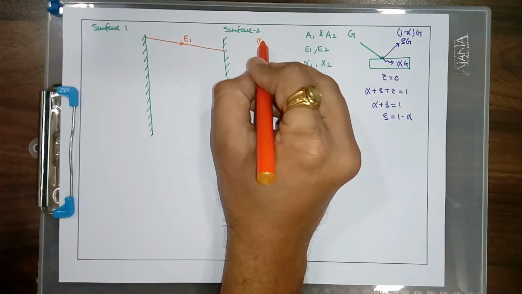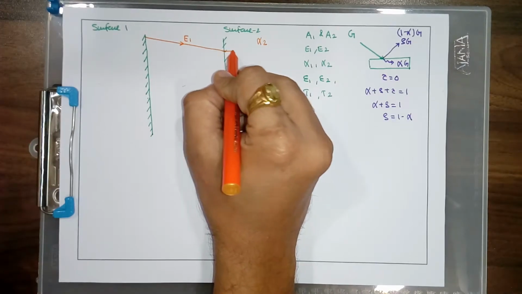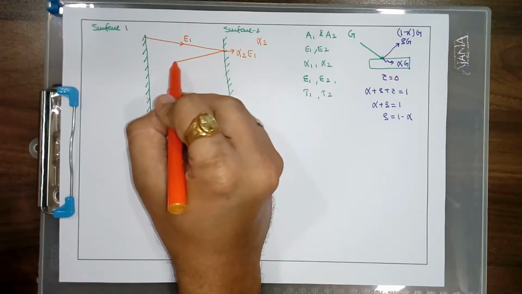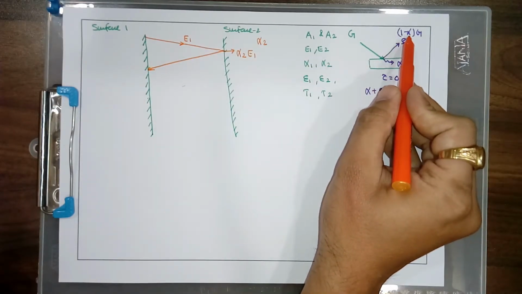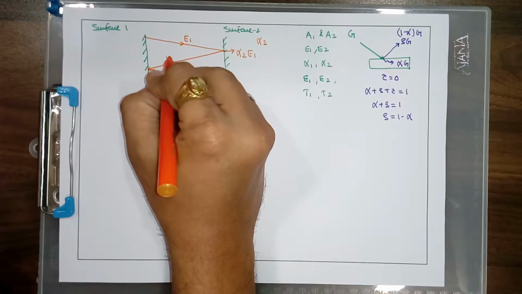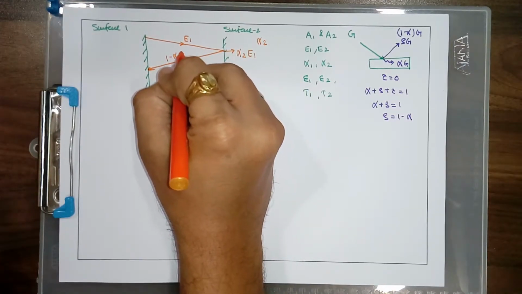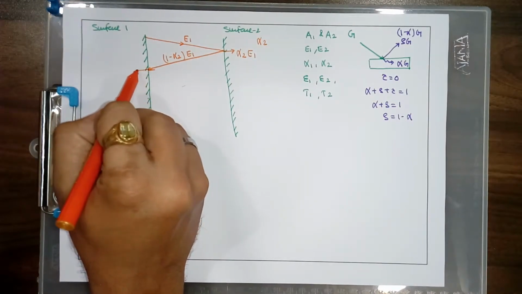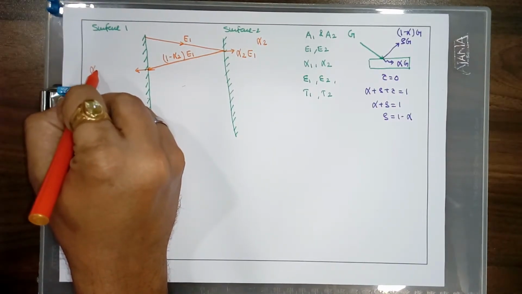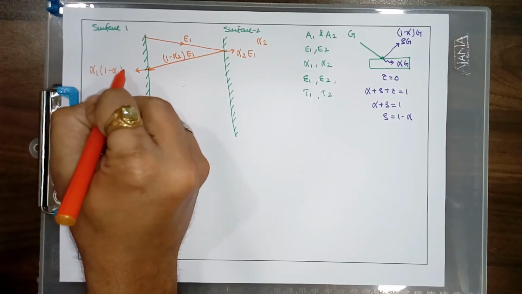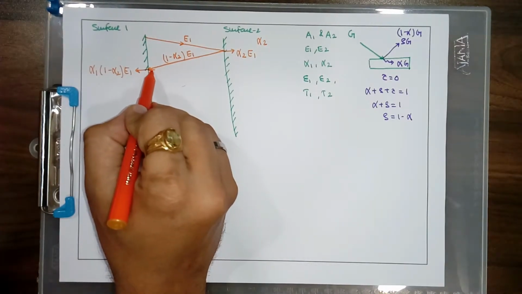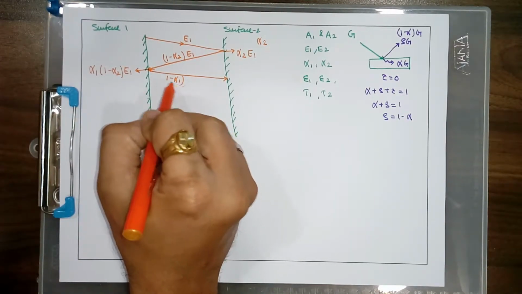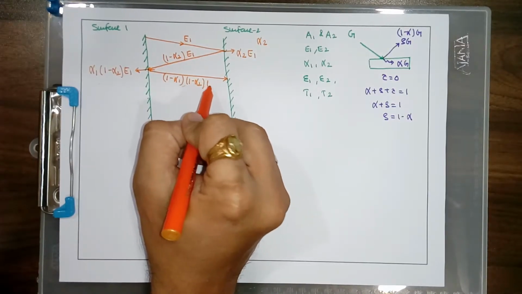The absorbivity of surface 2 is alpha 2, so it absorbs alpha 2 times E1, and it reflects back 1 minus alpha 2 times E1. Now again the absorbivity of surface 1 comes in, so it absorbs alpha 1 times 1 minus alpha 2 times E1, and again reflects back the energy, that is 1 minus alpha 1 times 1 minus alpha 2 times E1.